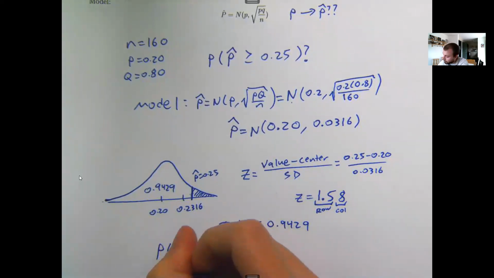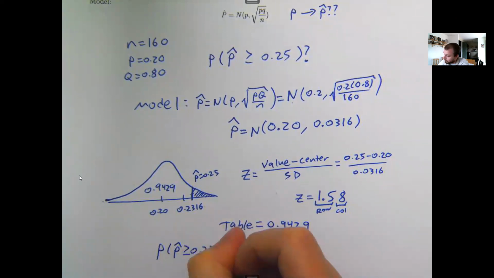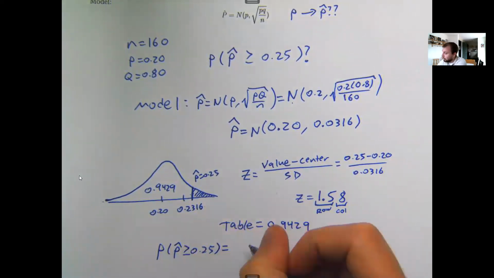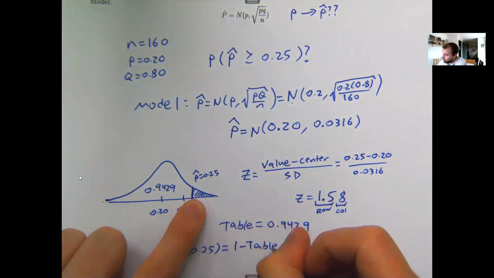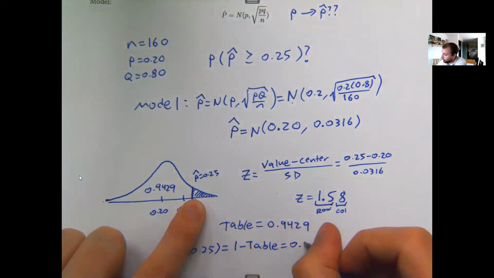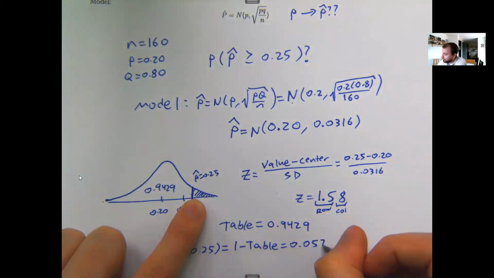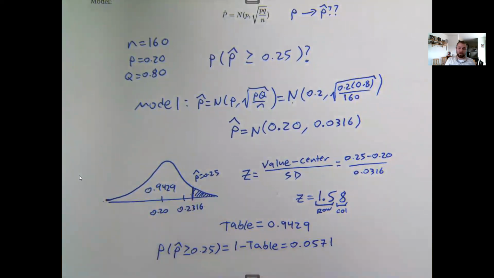If I want the area of this much or more, anything shaded to the right will be 1 minus the table value, which gives me 0.0571 or so. In other words, there's a 5.71% chance of winning a game 25% of the time or more out of 160 trials if the true probability of winning is 20%.